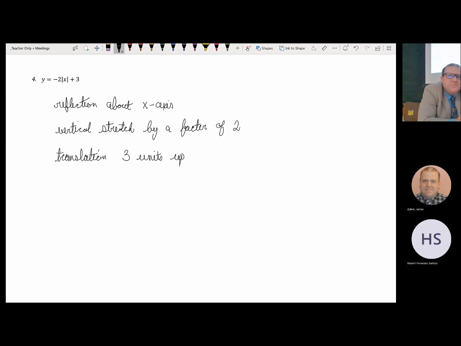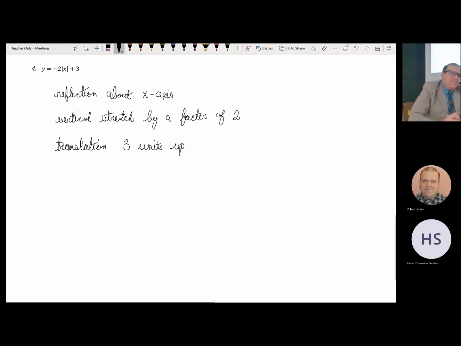Three units upward. That is technically the order in which this is happening. So first the graph is going to be reflected, then it will be stretched, and then moved up. In terms of actually graphing it, though, it doesn't really matter.